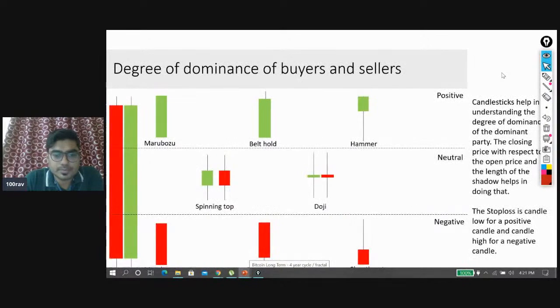Okay. Well, these are the different types of candlesticks. Just a second, hold on.